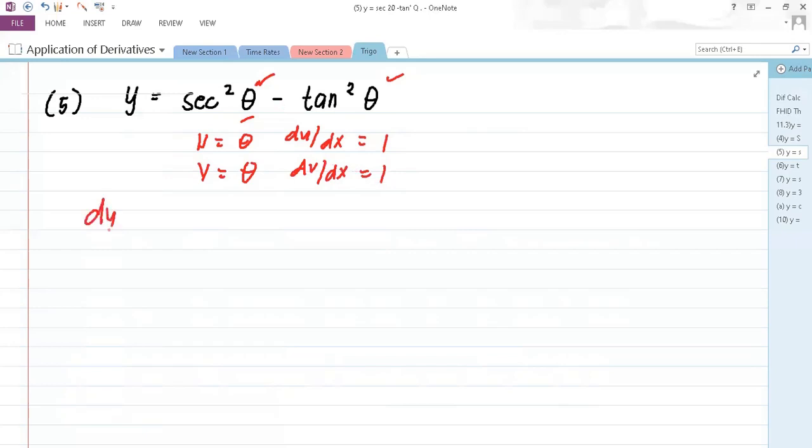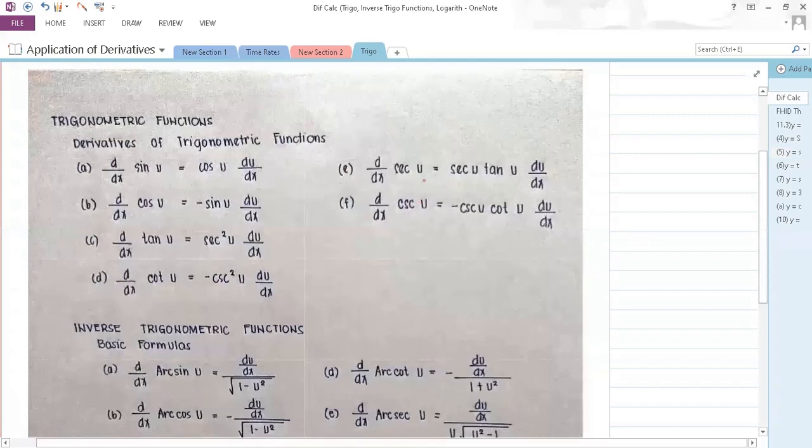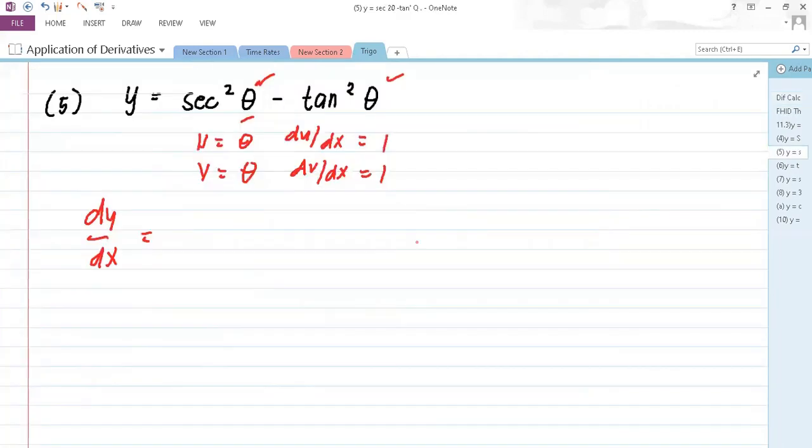Okay? So dy dx now, secant. Ano ang derivative ng secant? Okay? So derivative ng secant is secant u tangent of u. Okay? So secant squared siya. So we have to multiply 2, okay, secant of theta.